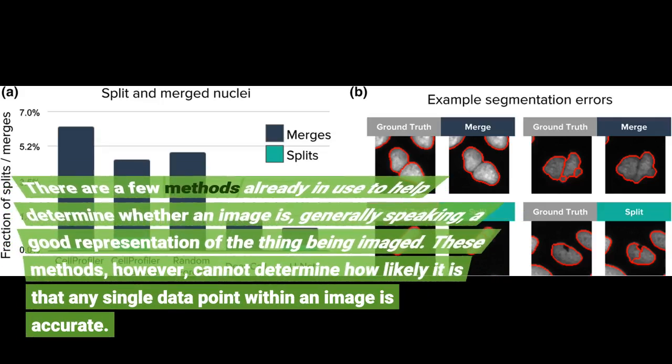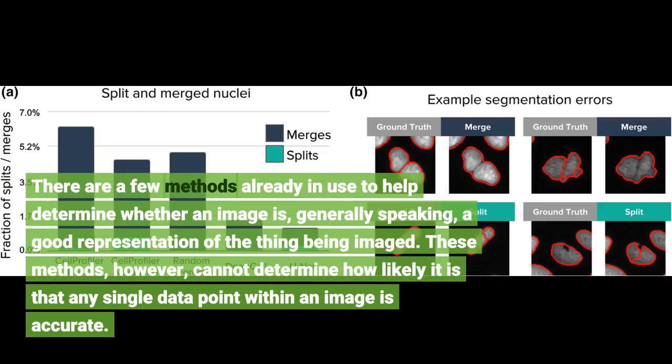There are a few methods already in use to help determine whether an image is, generally speaking, a good representation of the thing being imaged. These methods, however, cannot determine how likely it is that any single data point within an image is accurate.